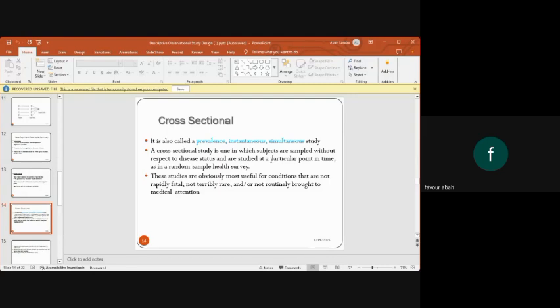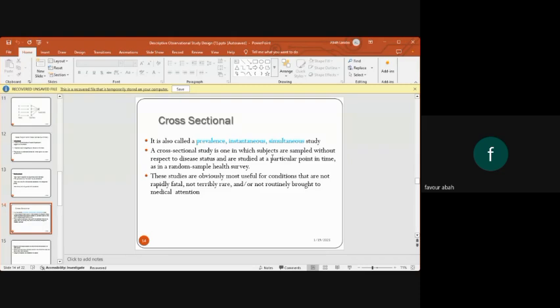For instance, if I meet a group of elderly people and I'm trying to determine the state of their maybe diabetes or blood pressure, I can ascertain the risk factors for diabetes at the same time, maybe their sugar level, and ask different questions, and also ask if they have diabetes, yes or no. So I'm taking both the risk factors and outcome at the same time.